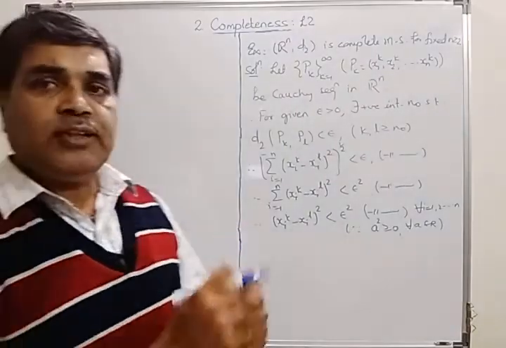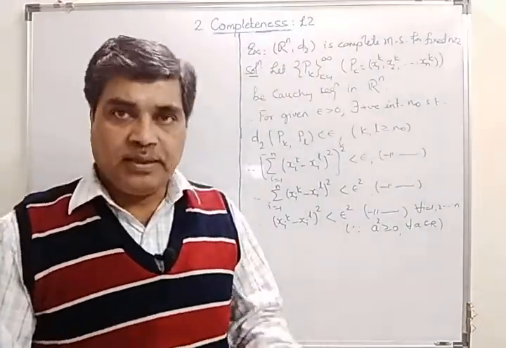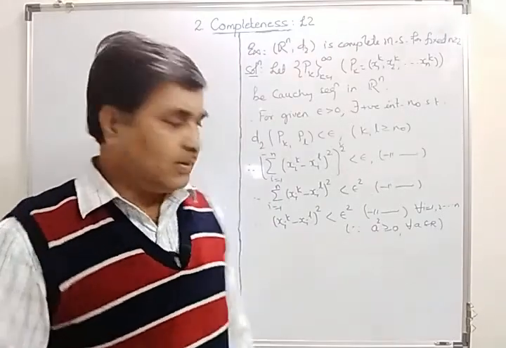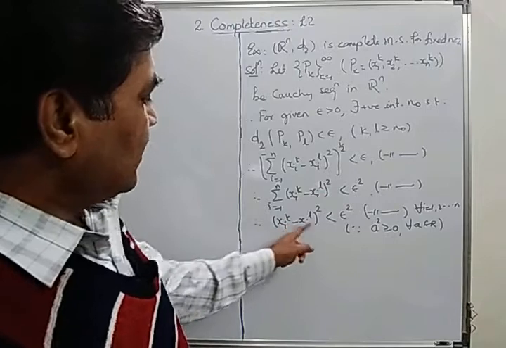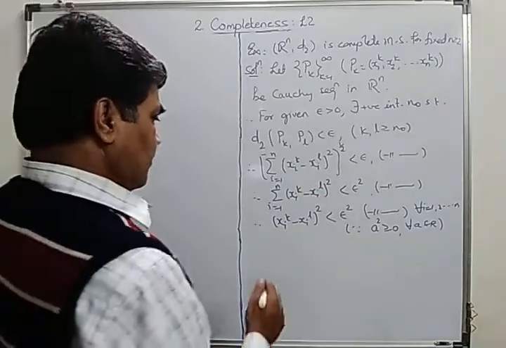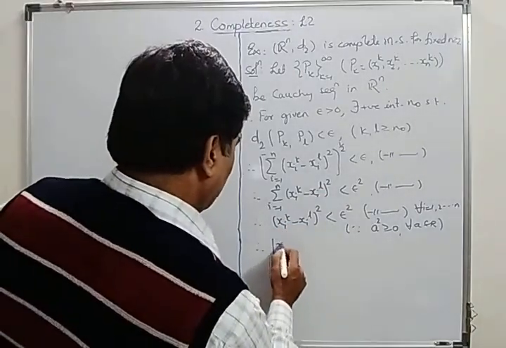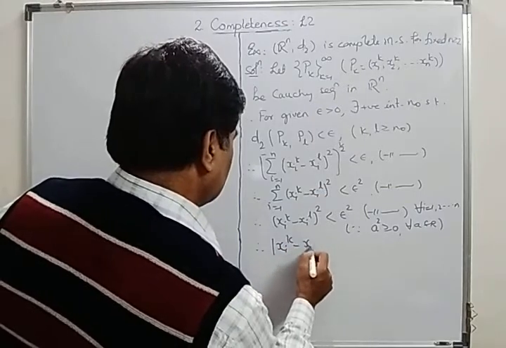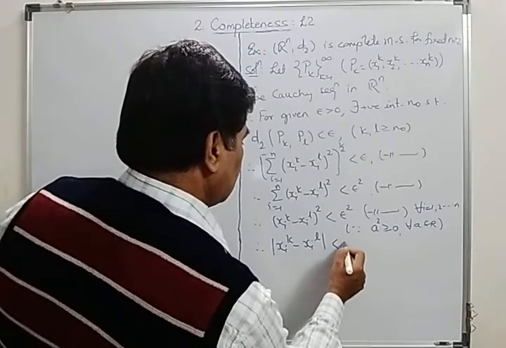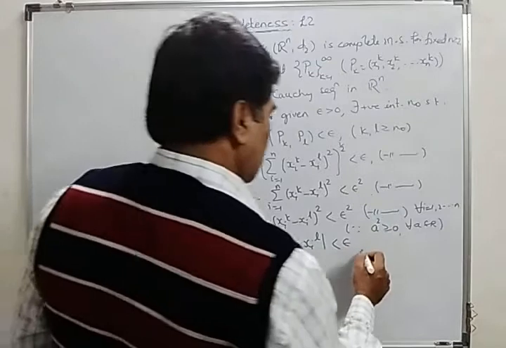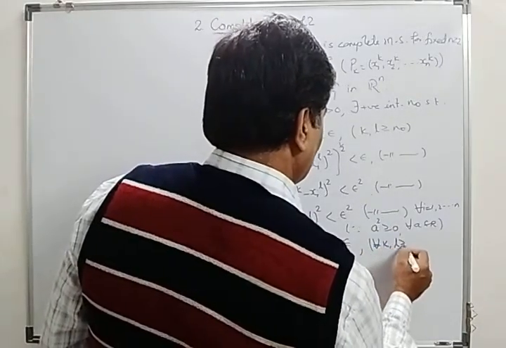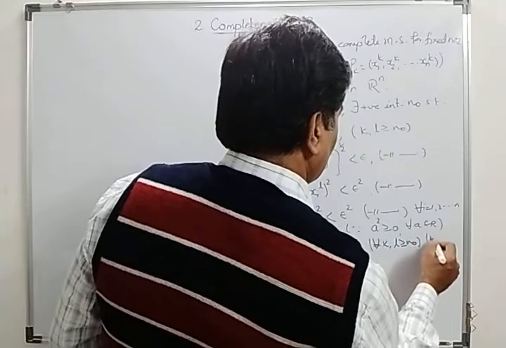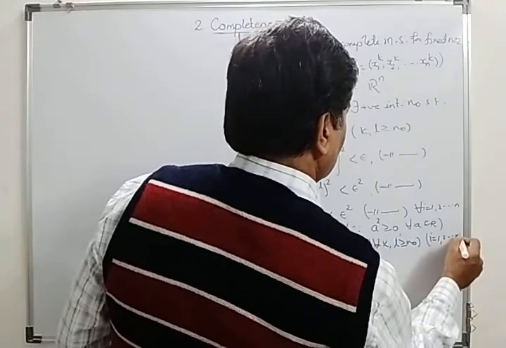If positive and negative numbers contributed, then some term may be greater than that. But the squares are greater equal to 0, and that's why we get this. And therefore, mod of xik minus xil is less than epsilon for any k, l greater equal n naught, i equal to 1 up to n.